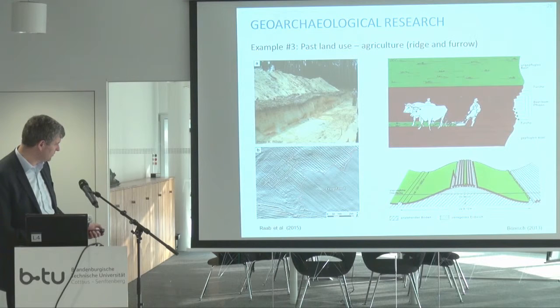Ridge and furrow systems, you see a picture here, much better, with this linear structure. So this is a forest, this is farmland, a recent farmland, so this is covered by trees. And under the forest canopy, you see these linear structures, and these linear structures are these ridge and furrows, which are produced by a special plowing technique.